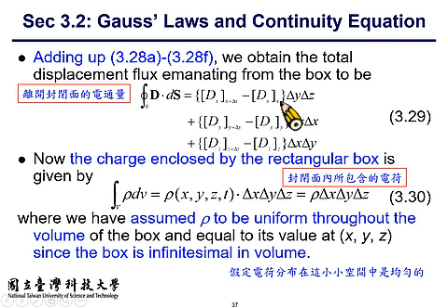Because the planar region is so small, we can regard the electrical flux density as nearly homogeneous at the front surface and at the back surface. So it can be simplified as a product of the electrical flux density at any point on the front minus the electrical flux density at an arbitrary point on the back surface.